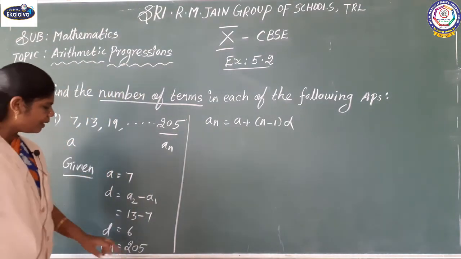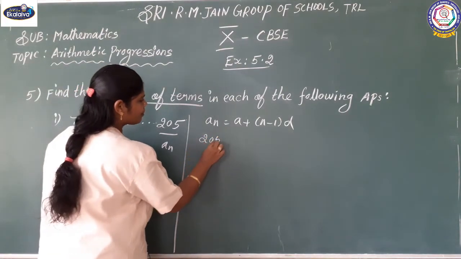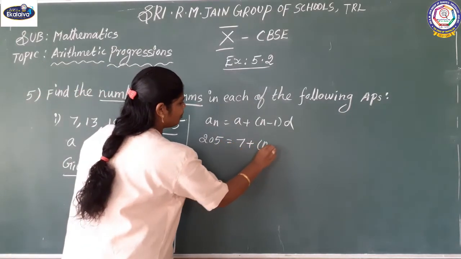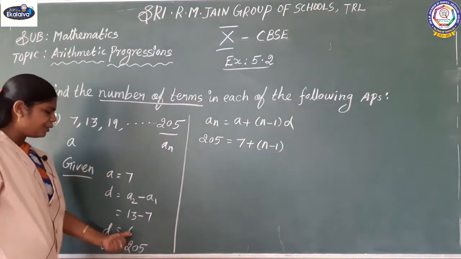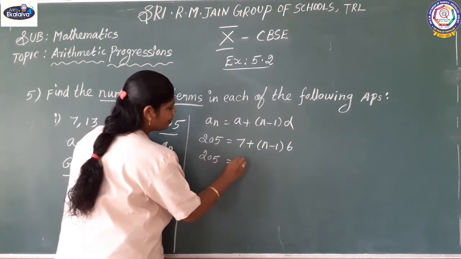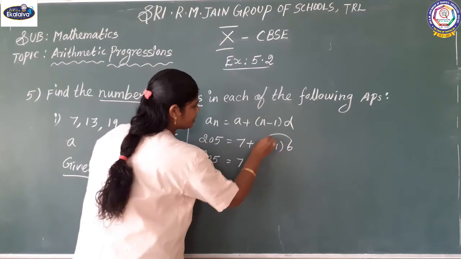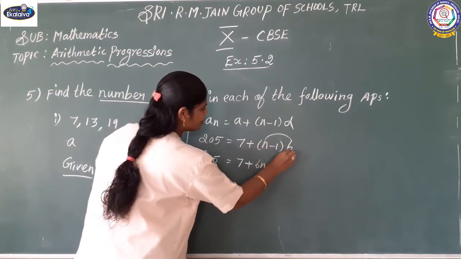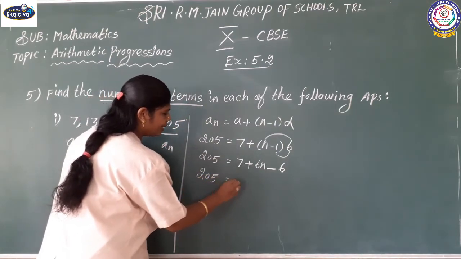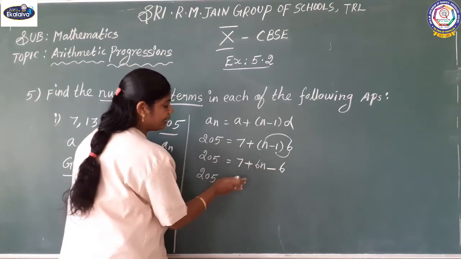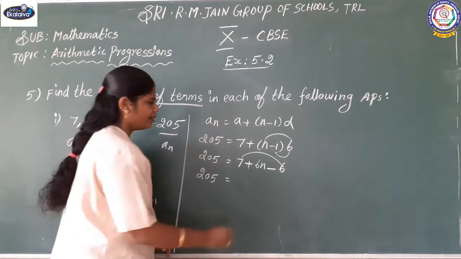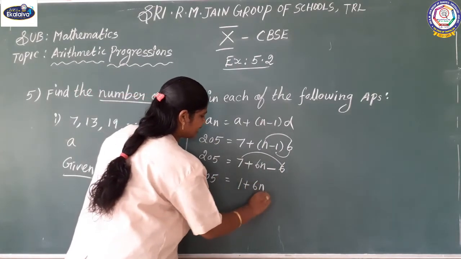Here an equals 205 equals a value 7 plus (n minus 1) into d value 6. So 205 equals 7 plus 6 into n, 6n, 6 into minus 1, minus 6. So 205 equals 7 minus 6 plus 6n. 7 minus 6, what will you get? 1. So 1 plus 6n.